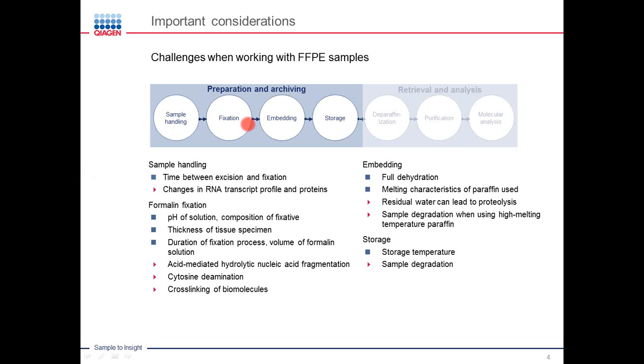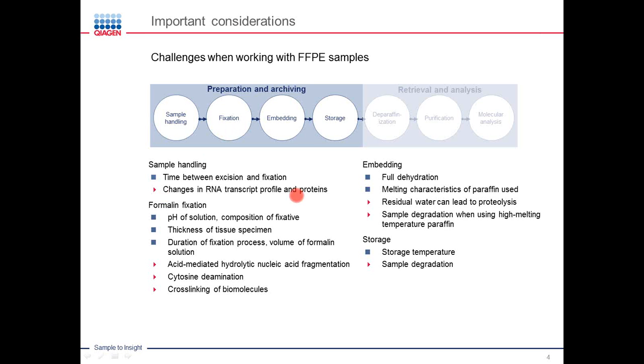But then also the fixation, the formalin fixation itself has an impact, as besides the fact that the chemical reactions taking place during the fixation usually lead to cross-linking between biomolecules, including cross-links between nucleic acids and proteins, an acidic pH may cause hydrolytic nucleic acid fragmentation.